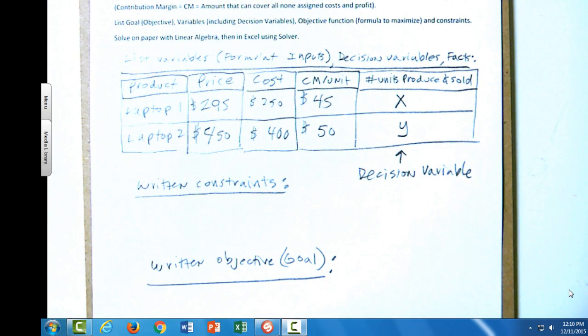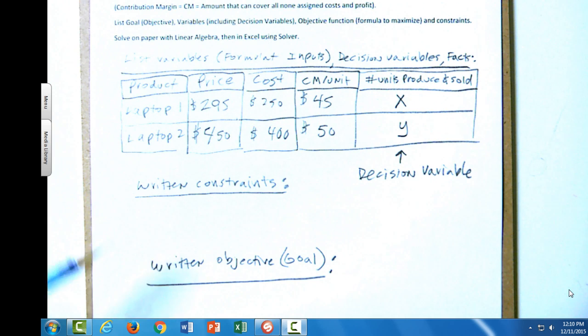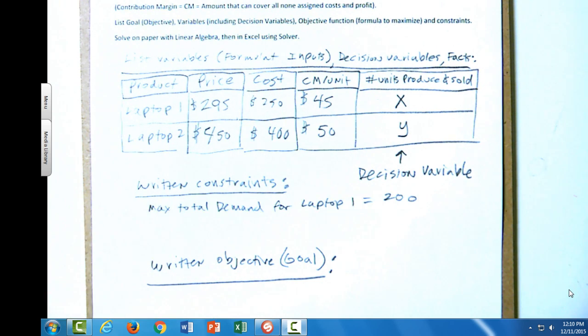Now, although we could jump straight to our objective function and our constraint functions, meaning the math equations, I like to write them both out. That way I'm clear before I start doing all the math or the Excel about what my goal is and what the constraints are. Max total demand for laptop 1 is 200. Now later we'll have to make a math equation out of this, and that 200 will be the upper limit.